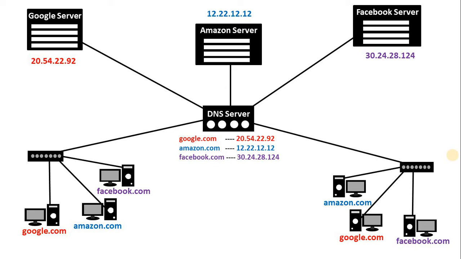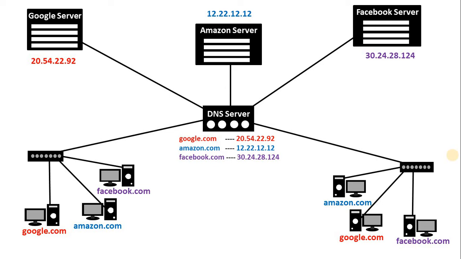The DNS server finds the associated IP for the domain name we are requesting, and then lets the client computer know the IP address of that particular device. Then the client system can directly communicate with the Google, Amazon, Facebook or any other server.